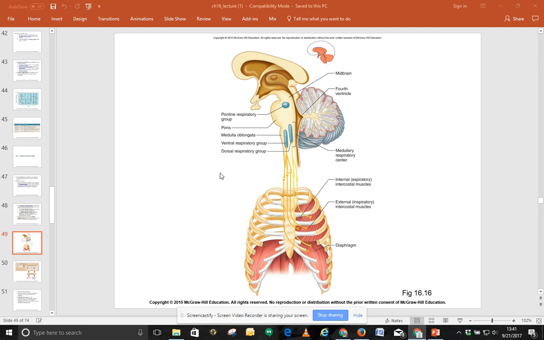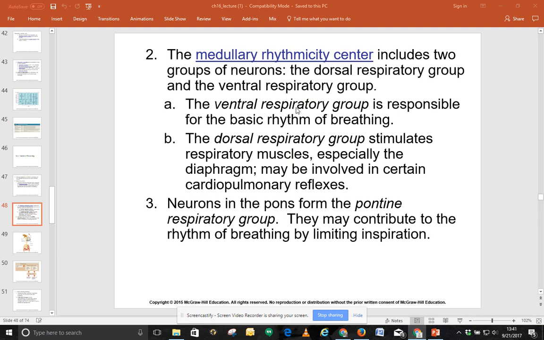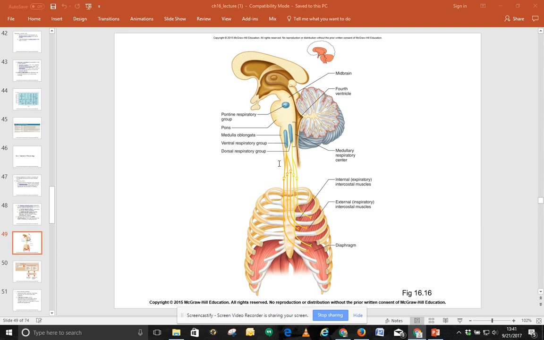So remember that you have the ventral group responsible for the rhythm of breathing, the dorsal group of nerves that are actually going to affect the muscles and the diaphragm. And dorsal is here. So control of the breathing, rhythmic breathing, control of the muscles here.